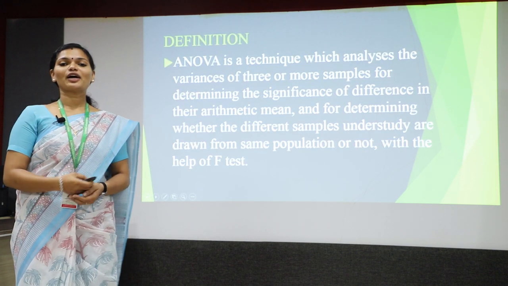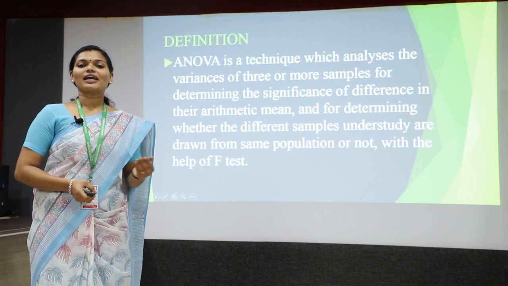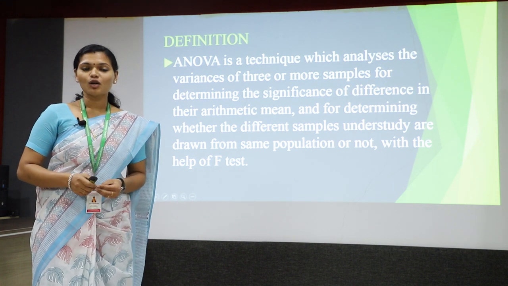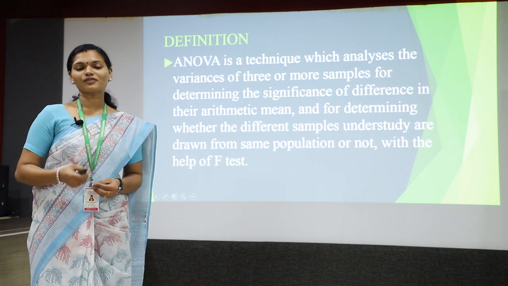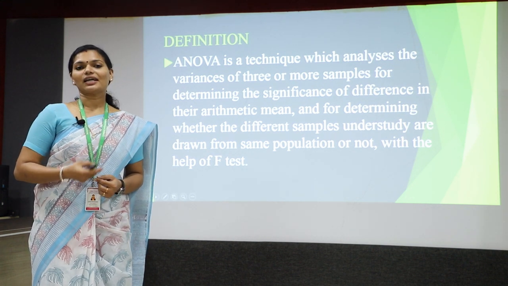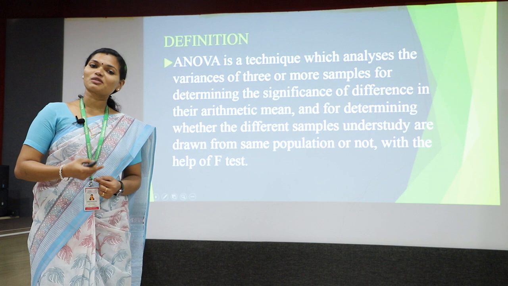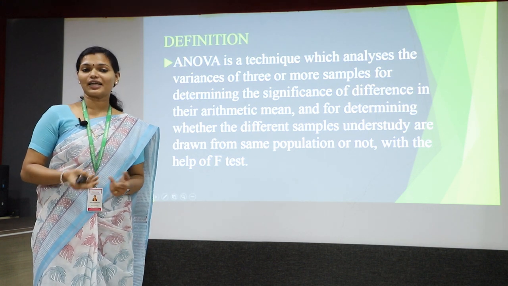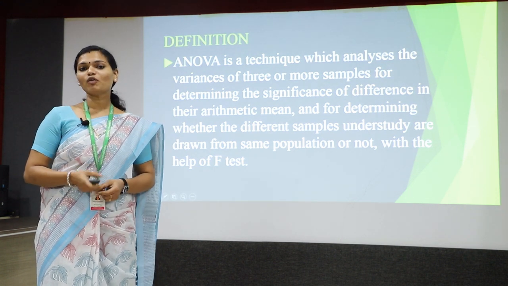So here you have the definition for Anova. Analysis of variance is a technique which analyzes the variances of 3 or more samples for determining the significance of difference in the sample means and for determining whether the samples are taken from the same population or not, with the help of F-test.